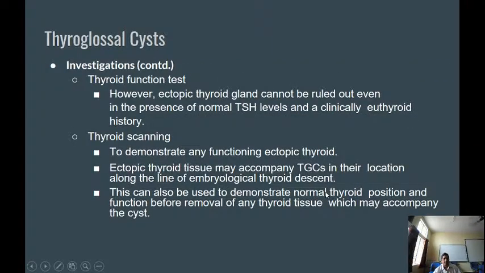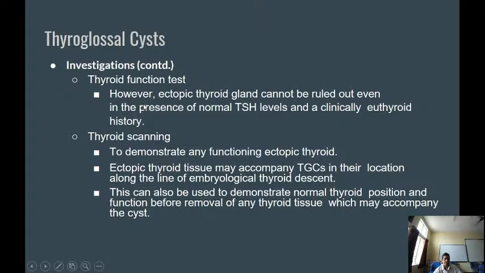Now, apart from these radiological investigations to know the extent of the disease, in the differential diagnosis, because it is in the line of the descent of the thyroid gland, we should also consider an undescended thyroid gland.